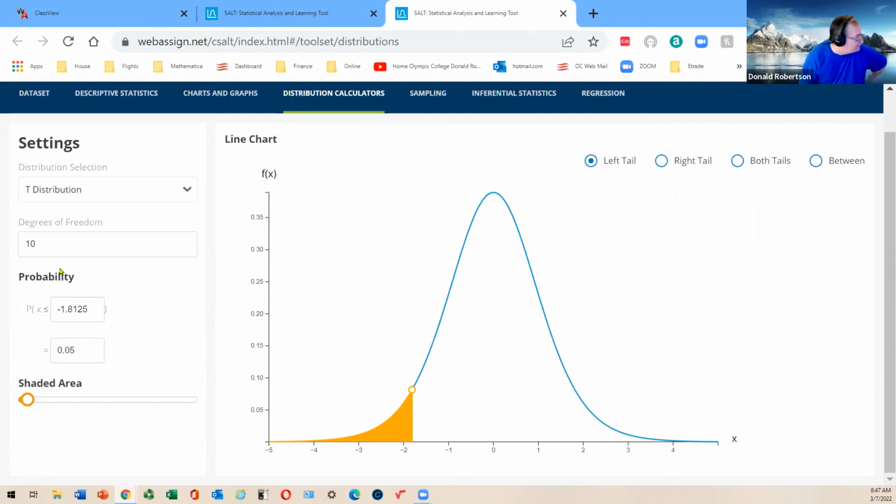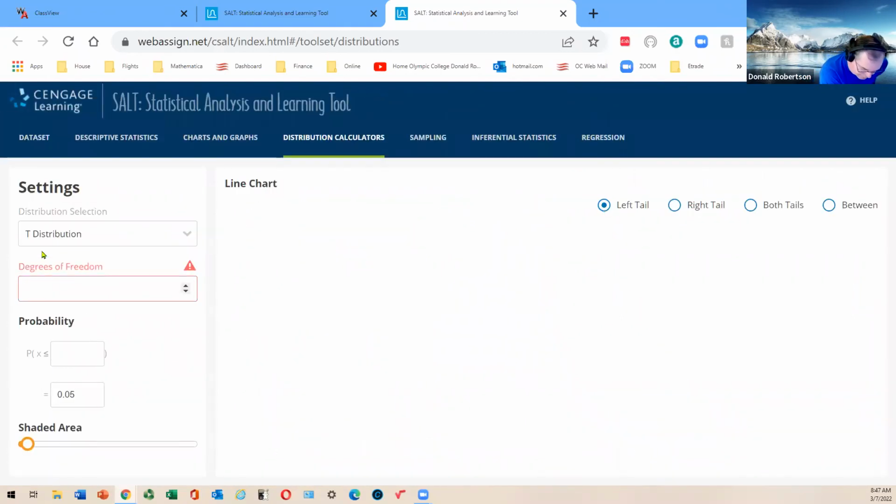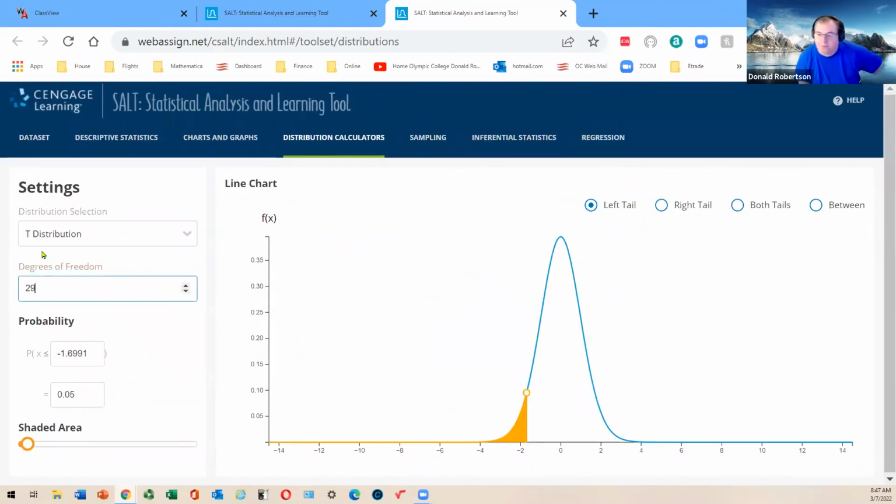Now, I need to know degrees of freedom. Well, in my sample, there was 30 people, so isn't that 29? In my story, aren't I looking for bigger than? And if it's bigger than, isn't it a right tail, right? That's why I like the name right tail test, right? Bigger than. And what number do I want to see if it's bigger than?